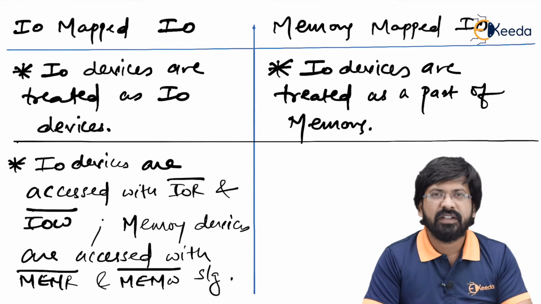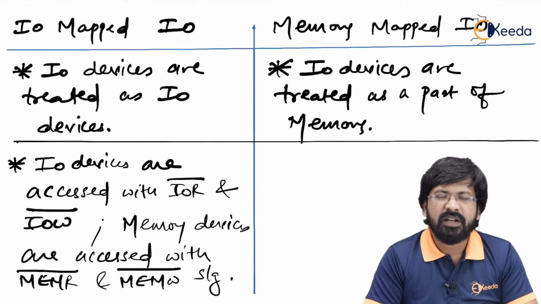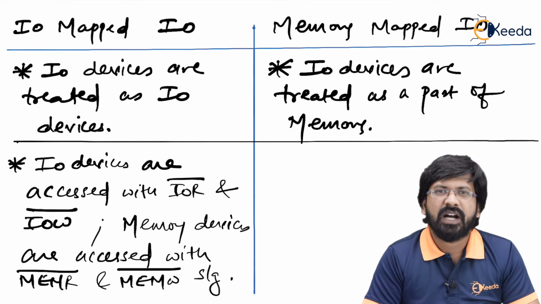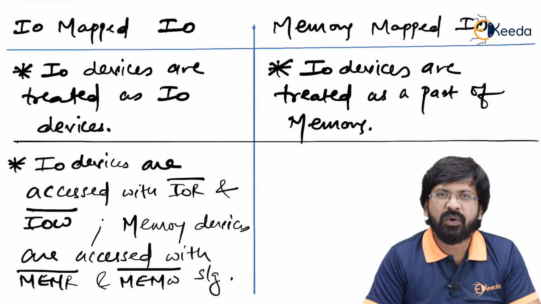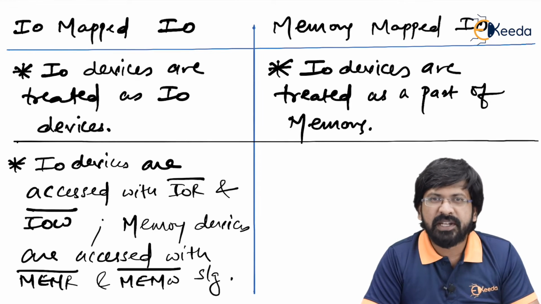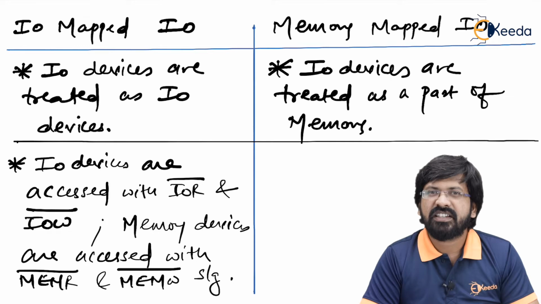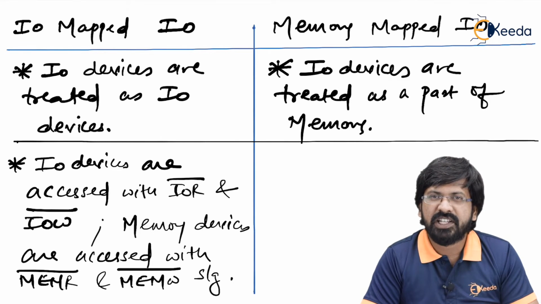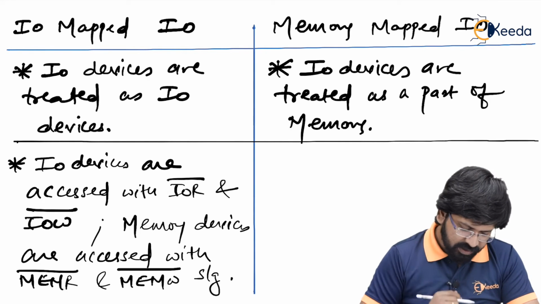It's very simple. Since IO devices are treated as IO and memory devices are treated as memory, IO devices are of course accessed with IOR bar and IOW bar signals, whereas memory devices are accessed with the help of the MEMR bar signal, that is the memory read control signal, and the MEMW bar control signal, that is the memory write control signal, right?